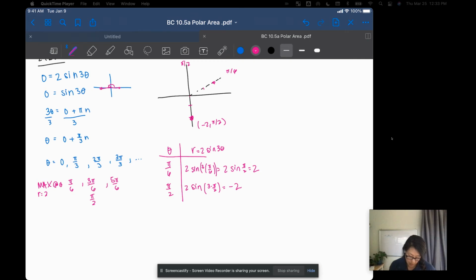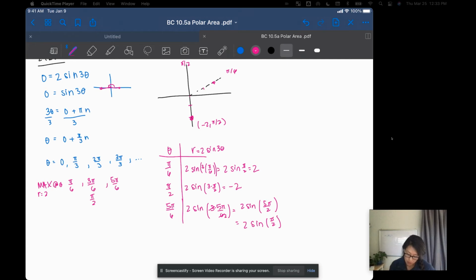And then our third max will happen at 5 pi over 6. So we're going to do 2 times the sine of 3 times 5 pi over 6. The 3 cancels to give me 2 sine of 5 pi over 2, which is equivalent to 2 times the sine of pi over 2, because I subtracted out 1 full rotation, or 4 pi over 2.